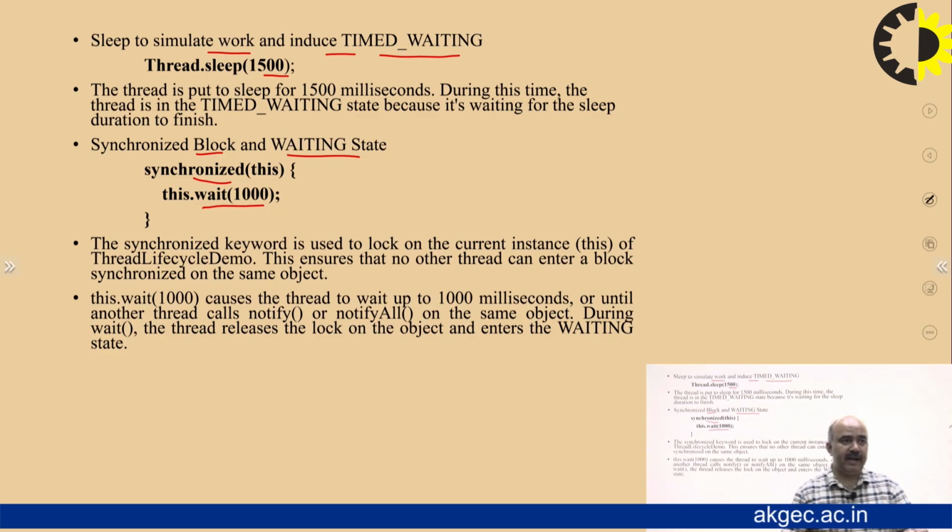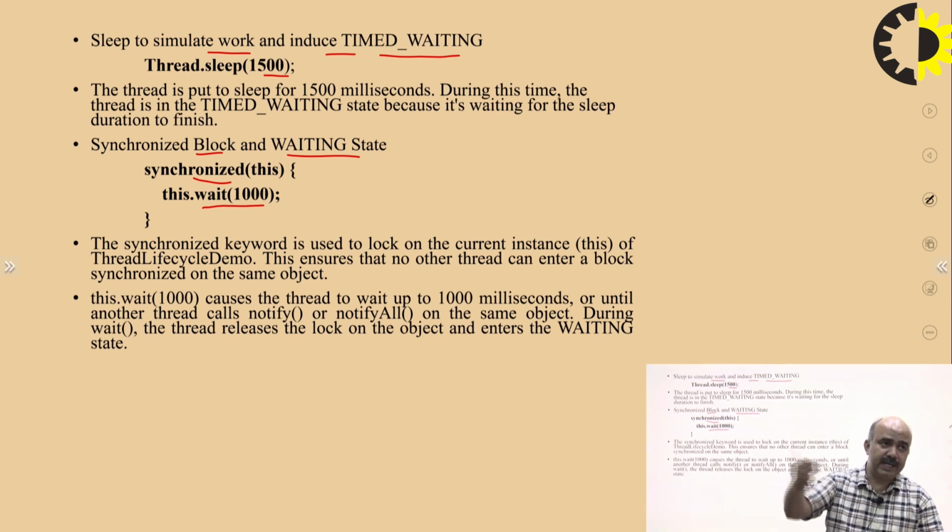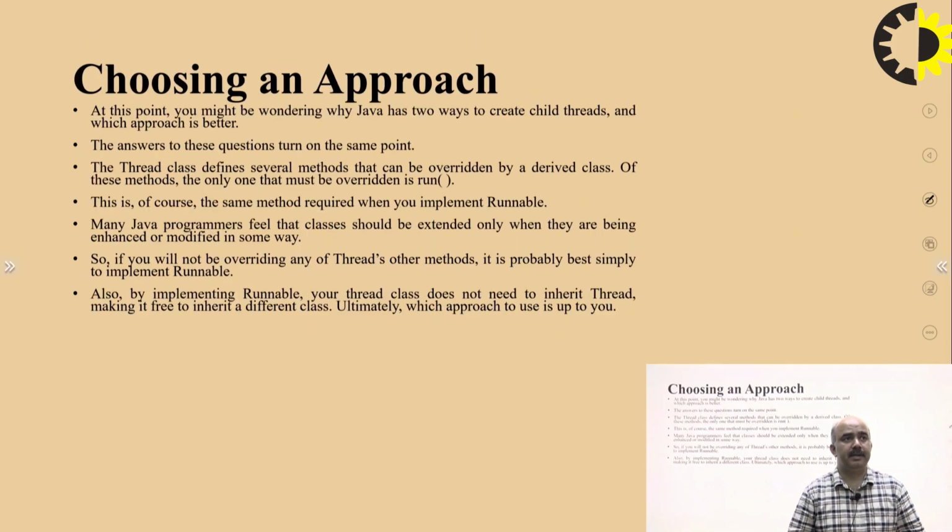So wait(1000) causes the thread to wait for 1000 milliseconds or until another thread calls notify or notifyAll on the same object. During that time, whenever they are in the blocked state they have to wait, and the thread releases the lock on the object and enters the waiting state.